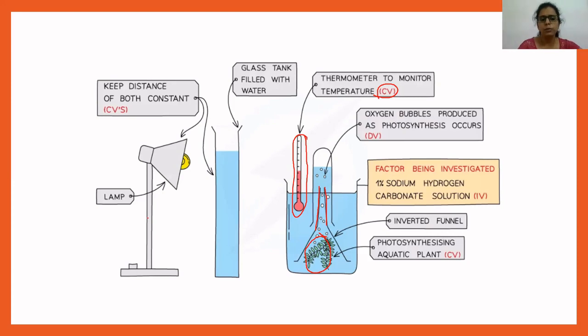You can either keep this setup in sunlight, or you can use a normal table lamp. And while performing this experiment, remember, in between the table lamp and the entire experimental setup, you have to place a glass tank filled with water.